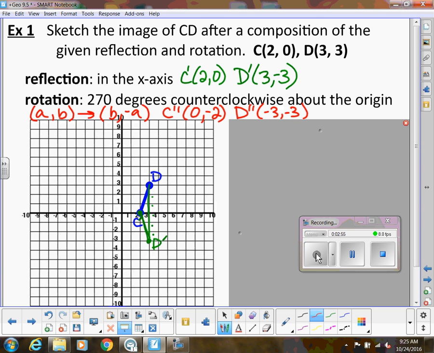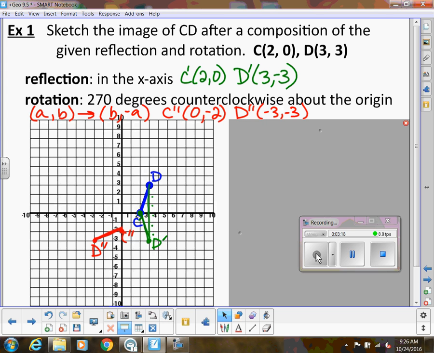So let me plot those, (0, -2) and then (-3, -3). So that's my C double prime, D double prime. All right, so this is where I would end up after I do a reflection, then a rotation.